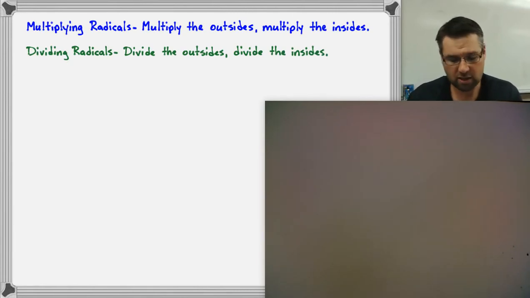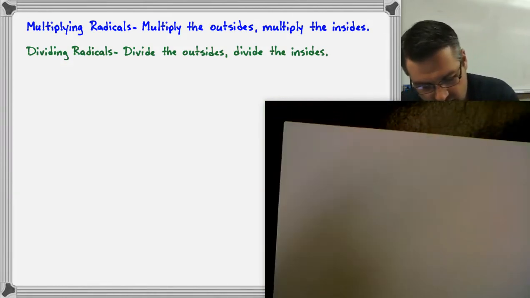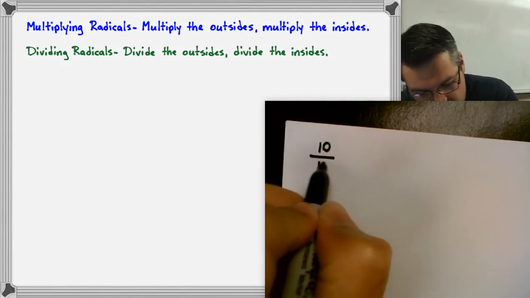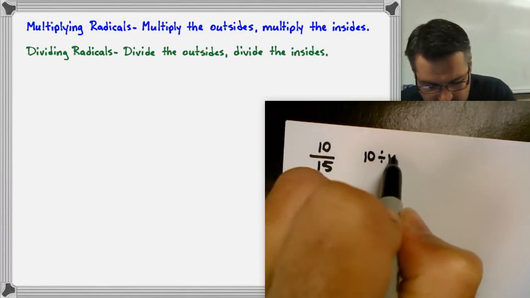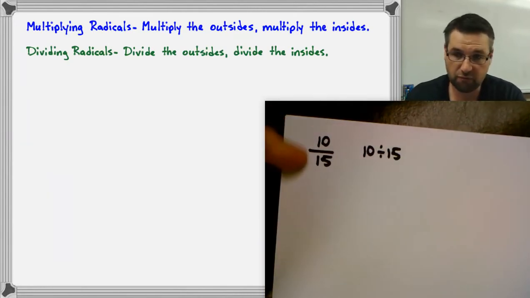I know everybody hates fractions, but let's do a quick review of simplifying a fraction. If I were to say 10 over 15, that really means the same as saying 10 divided by 15. That doesn't go in evenly. It's not going to be a nice whole number. So what we do instead is reduce the fraction.